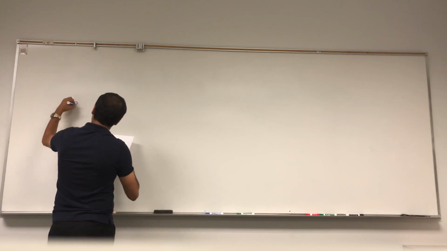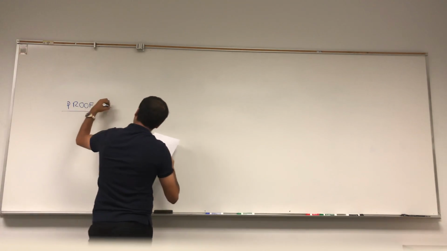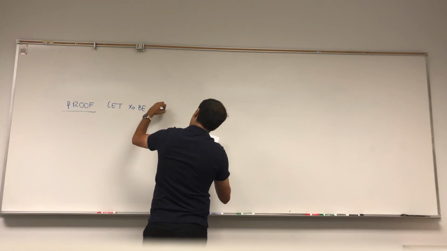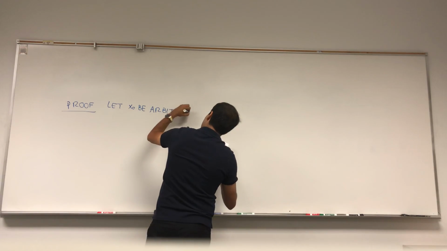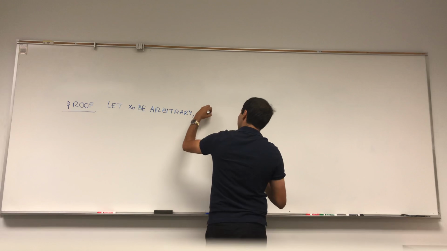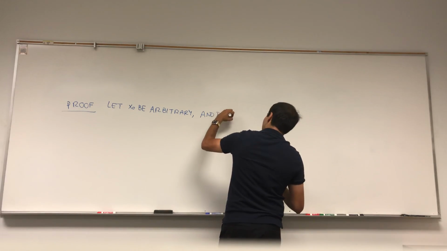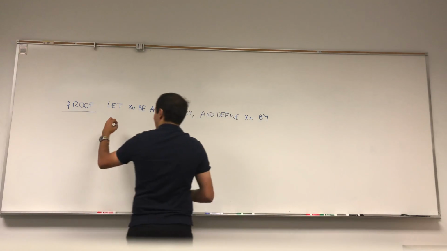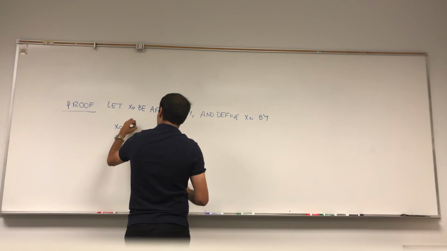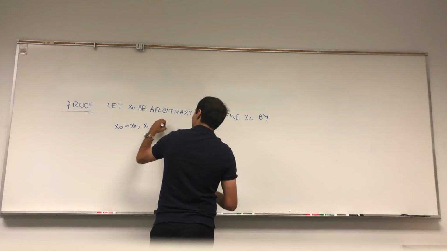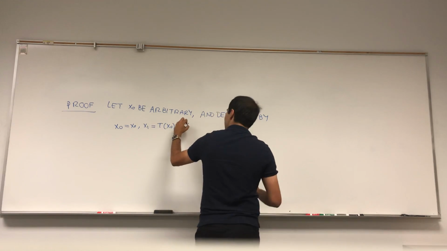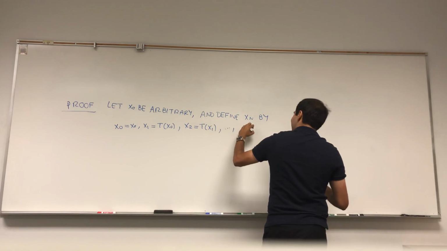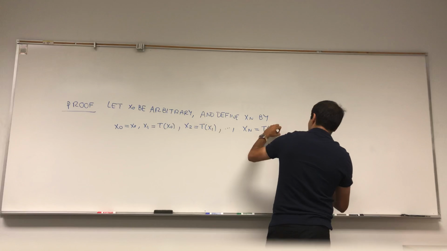So, proof. Let x naught be arbitrary, and define x n recursively by: x naught is x naught, x1 is T of the previous one, T of x naught, x2 is T of x1, dot dot dot, and then x n is T of x n minus 1.